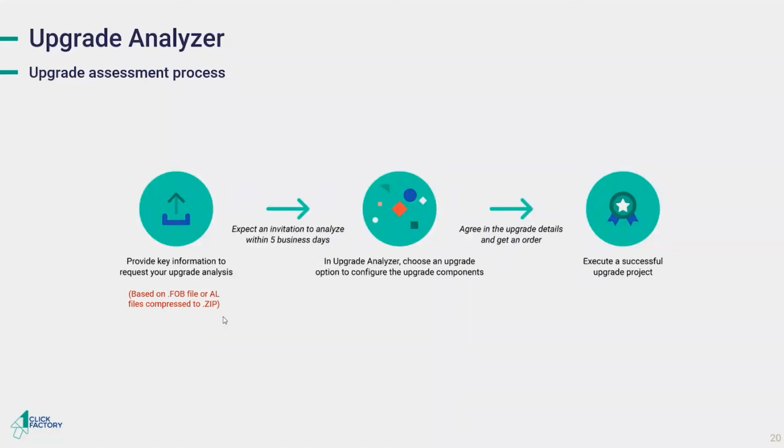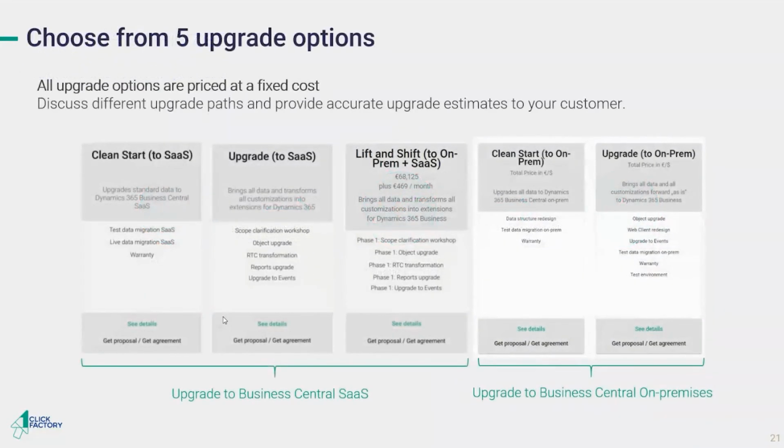By just a few clicks, by uploading your FOB file, you initiate an analysis that is completely free, and first of all you choose what you expect from the upgrade, which is really well defined.